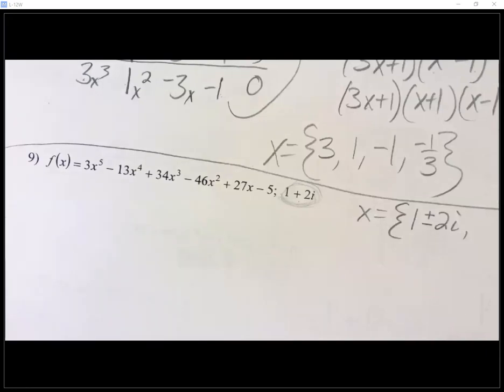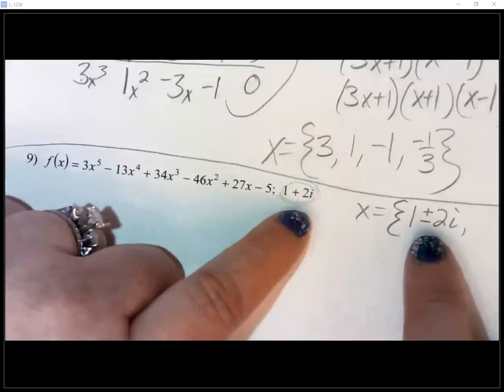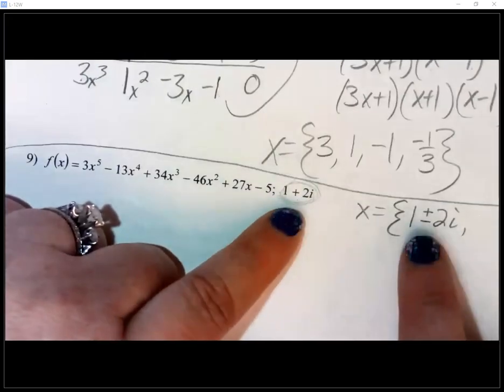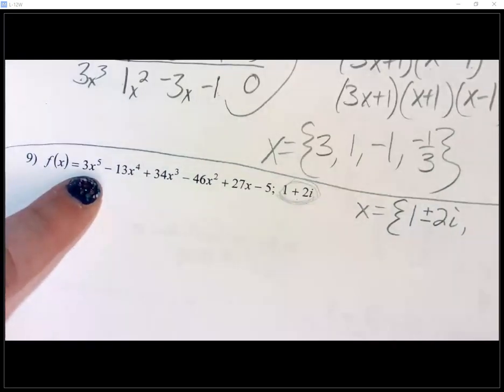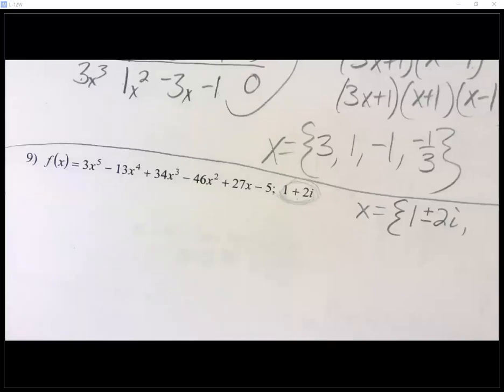So you can do synthetic here. But I have 2 answers, right? So it would be so nice to use them both at the same time and knock this down from being an exponent of 5 down to an exponent of 3 in one nice swoop. You can do that. I'm going to show you this technique. It's a little weird, but once you get the hang of it, it's really not so bad.